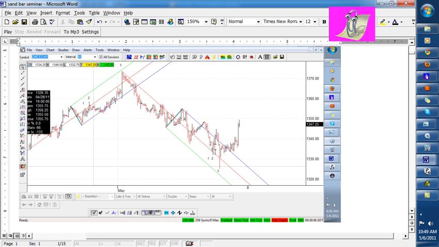This one touched the red median line, next bar higher. Touched the red median line, made an equal low, next bar higher. Touched the red median line, which was the final in this case, and then higher. Okay. Here you can see, touch the red median line, down, touch the red median line, down.